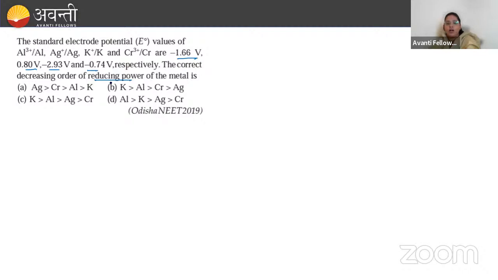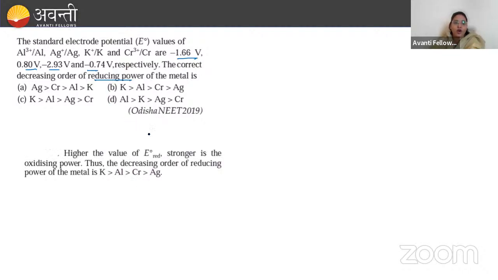So the higher the value of E naught, the stronger the oxidizing power. We need the converse of that. So the decreasing order of reducing power of the metals is K more than aluminum, then chromium, and then Ag. The values are 1.66, 0.80, 2.93 and 0.74.